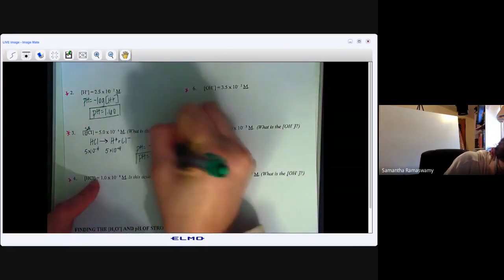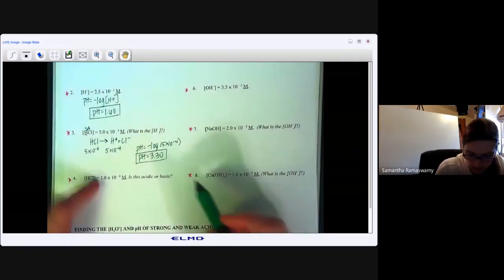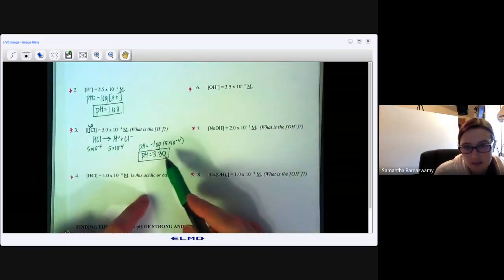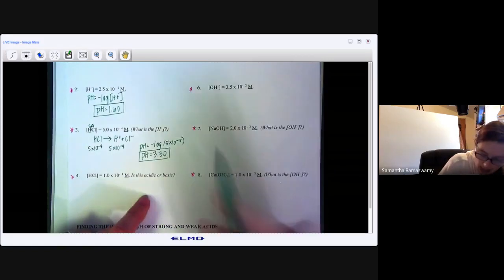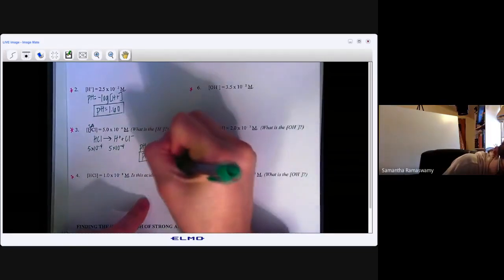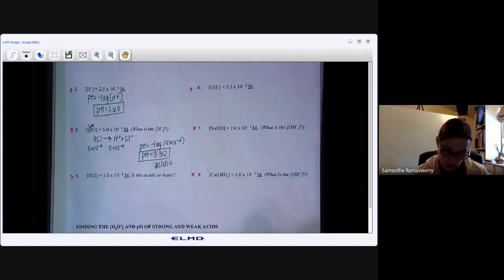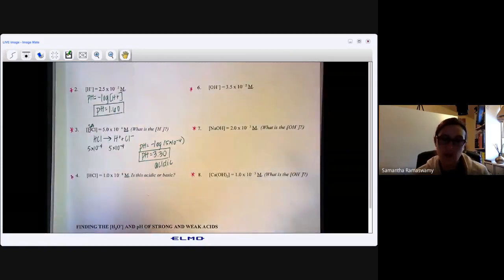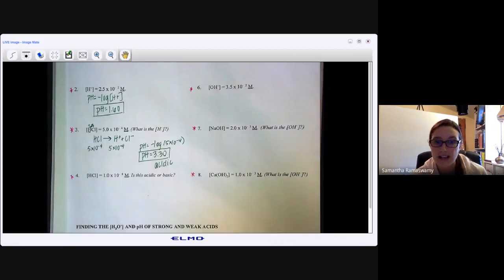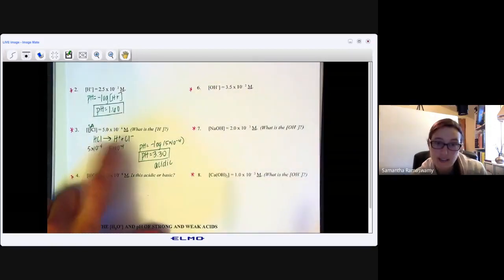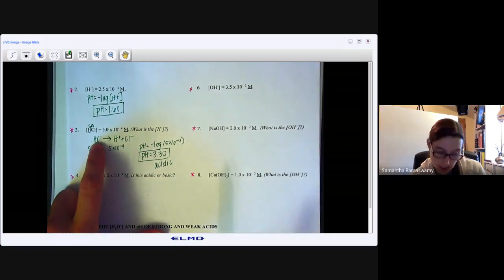And then we could answer, is this acidic or basic? Well, if it's a lower pH, it's going to be acidic. So when you have a strong acid, the same thing in number 4, you have a strong acid. It completely ionizes. So whatever your concentration of your strong acid is, that's also your concentration of H plus.